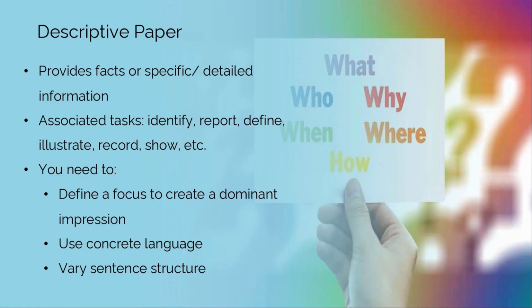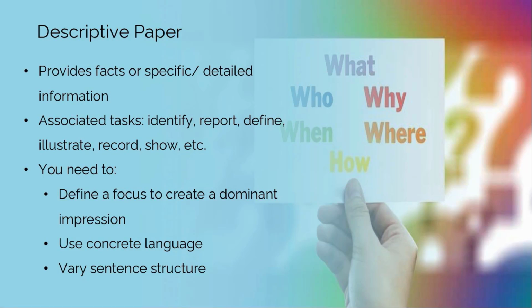The simplest type of academic text is descriptive. Its purpose is to give specific information. For example, when you write a summary of an article or a report of the results of an experiment, that's a descriptive text. When you face the task of writing a descriptive text, it is a good idea to begin by establishing what will be its central point, what you really want to pay particular attention to.